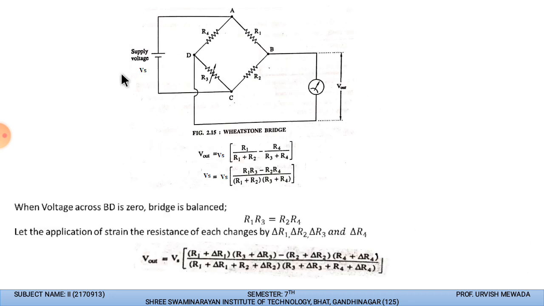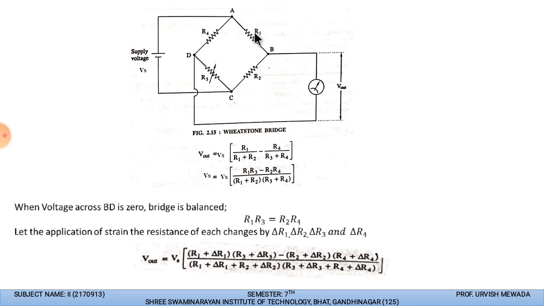Let's see the circuit again. Here we are applying the strain, and this is the balancing resistance. So the V out for this circuit: these are the resistances, the opposite arms. Let's consider R1 and R3.